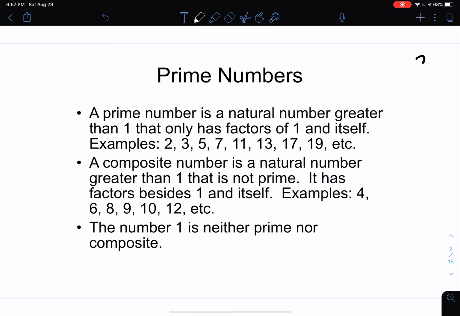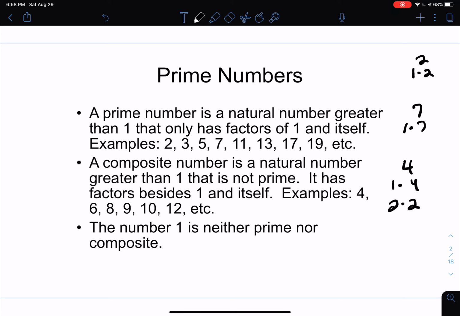Because like 2 only has factors 1 times 2. 7 only has factors 1 times 7. They're prime. A composite number is a natural number greater than 1 that is not prime. It has other factors besides 1 and itself. Put 4 in as an example. 4 has factors like 1 times 4, but it also has 2 times 2.